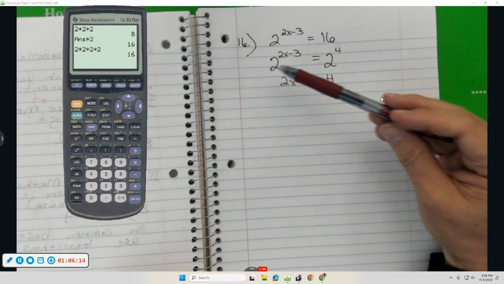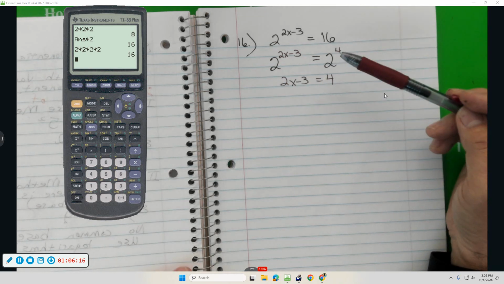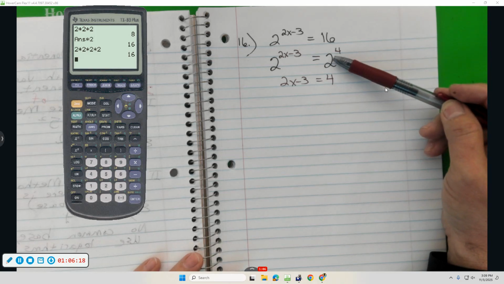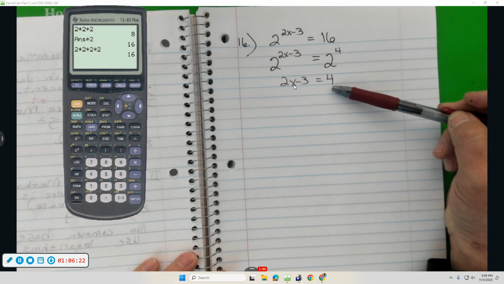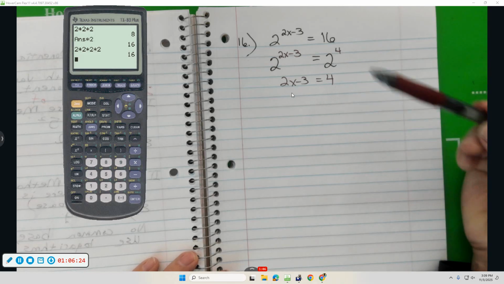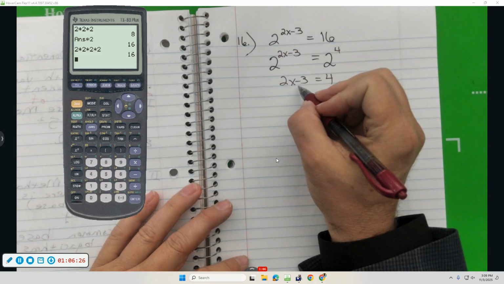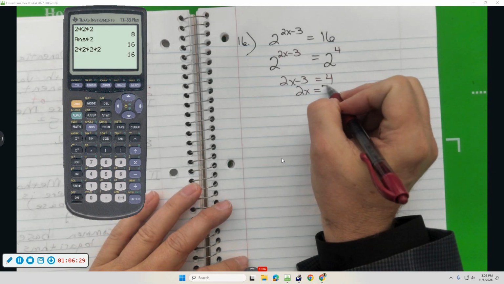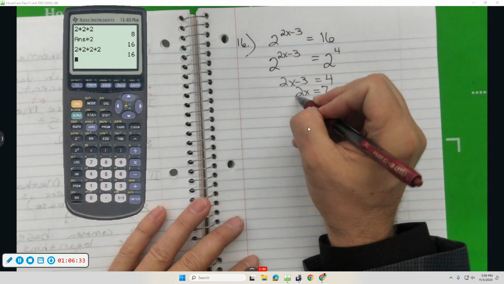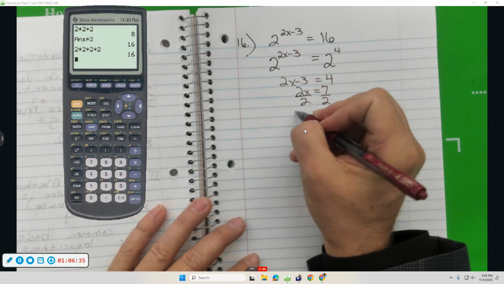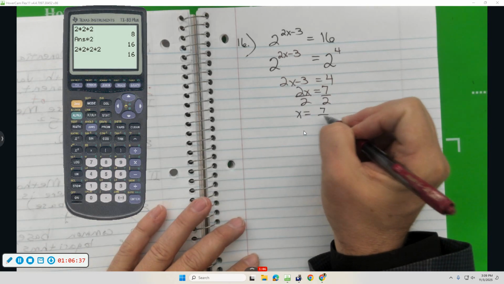But once you have the same base on both sides, drop the base, set the exponents equal. There's only one sensible next step to solve this equation. Add 3. That's going to give us 2x equals 7. And then divide to give us x equals 7 over 2.